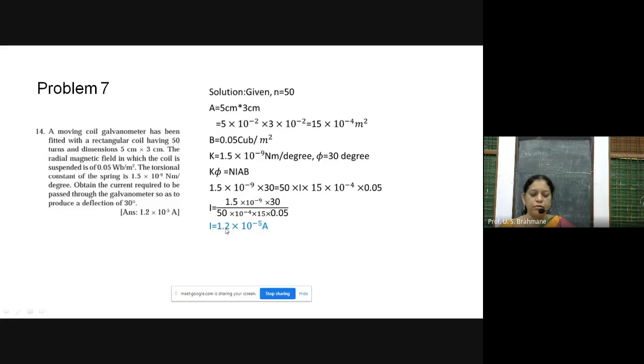We can do it orally, but you should write the steps clearly. And then this is the answer: I is equal to 1.2 into 10 raised to minus 5 amperes.